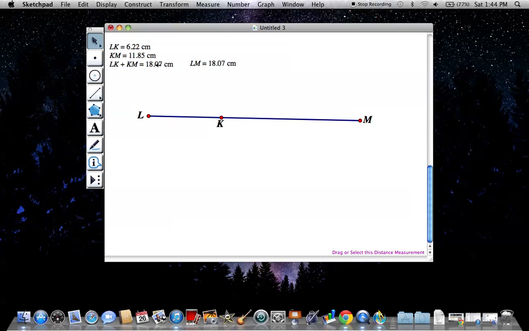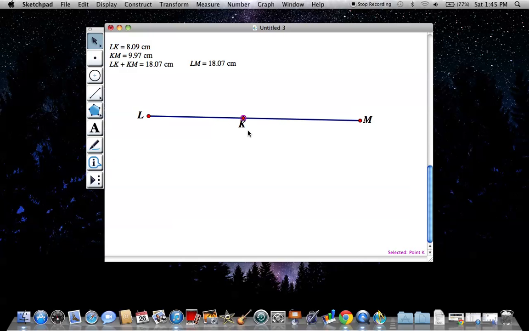Look at this, 18.07, 18.07. If I move K up and down, you notice the distances for LK and KM change, but when I add them together, the total distance never does. You see that? All the way across, they never change.